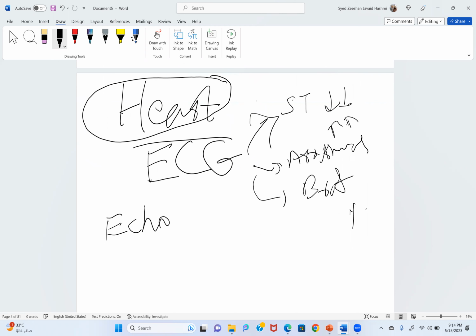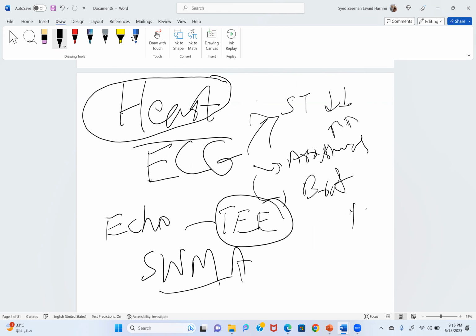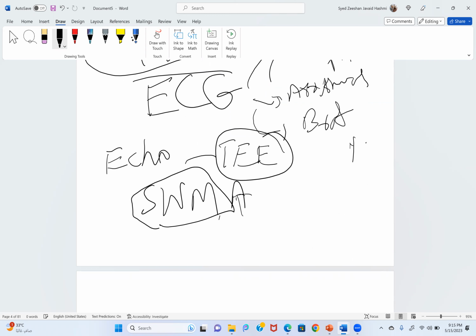Echo, especially transesophageal echo, because it is very sensitive to segmental wall motion abnormalities. Okay, segmental wall motion abnormalities will be picked up with the echo.